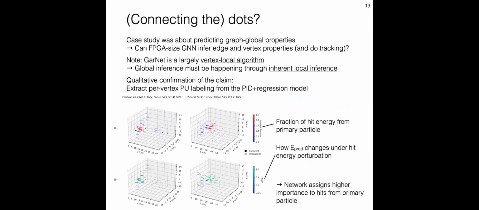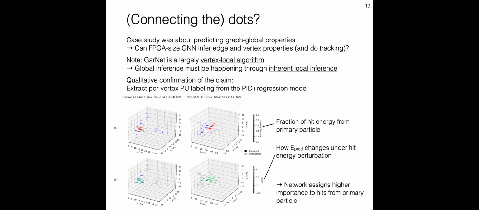One thing to note is that the GarNet is a largely vertex-local algorithm. So we were doing global inference, right? Global PID or energy, but this must be happening through inherent local inference. To qualitatively confirm this claim, we looked at how the energy prediction changes as you perturb individual hit energy.